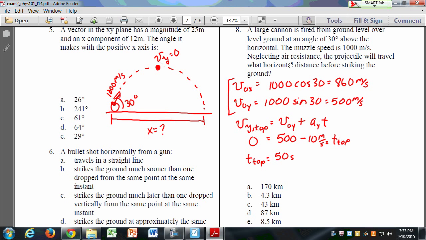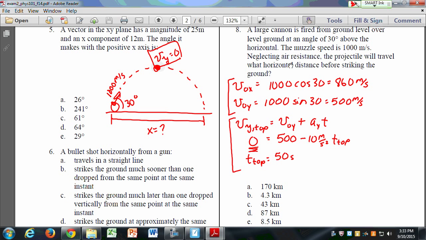May seem like a long time, but they're shooting at 1,000 meters per second. That's hella fast. So it takes a long time to get to the top of its trajectory. Okay, so that's the second step. And then the final step, I'm going to do what? Oh, because I know that the velocity up here at the top is equal to 0.